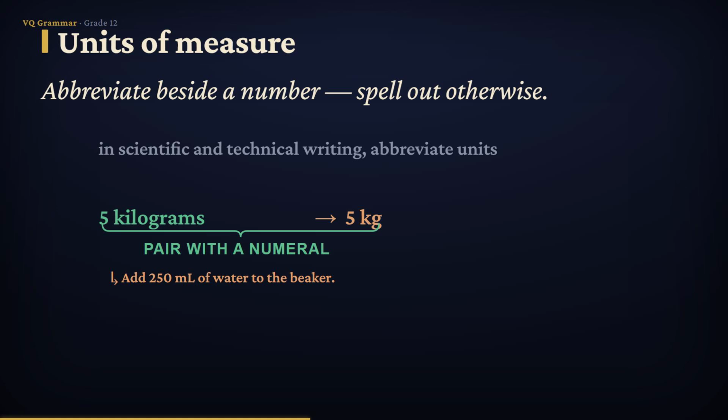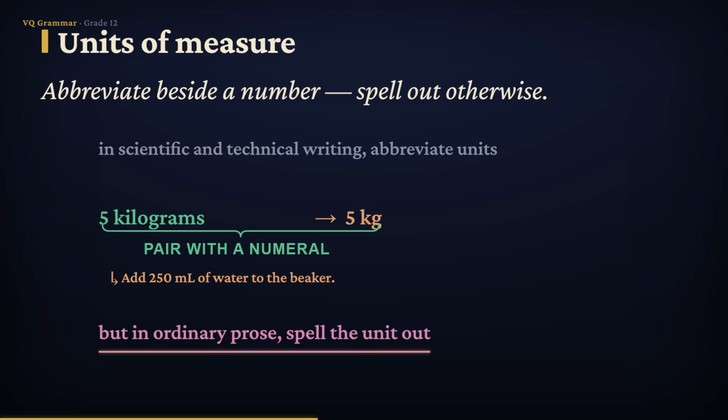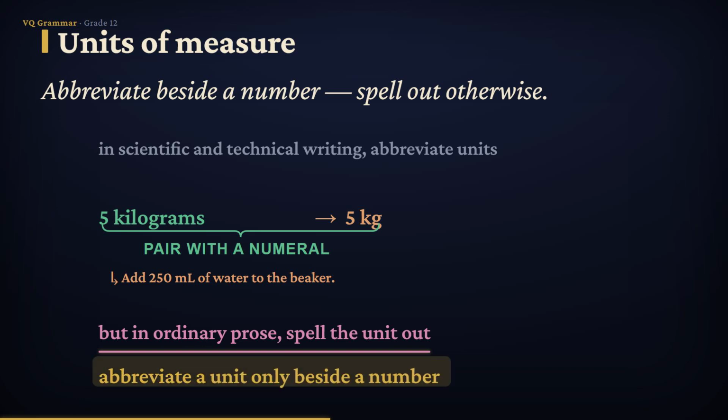Measure 30 cm of ribbon. But in ordinary everyday prose, we spell the unit out. You'd write, the crate weighed several pounds, not several lbs. So the rule is simple and steady. Abbreviate a unit only when it stands beside a number in technical writing.